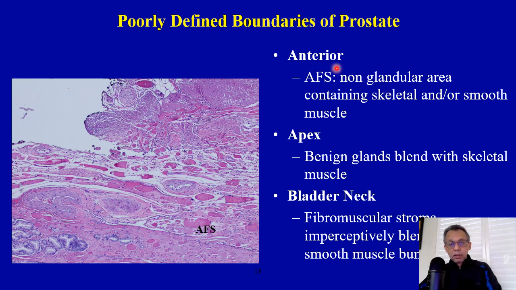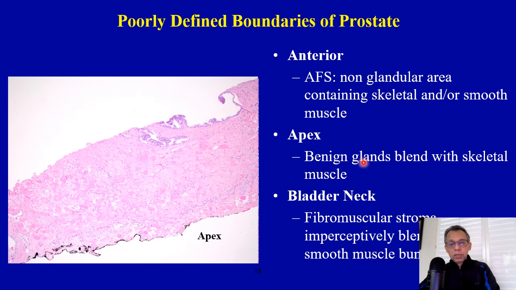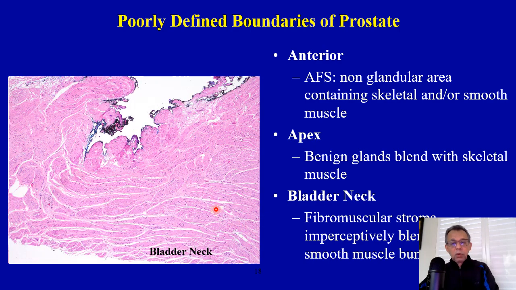In the anterior, as we said, there is an anterior fibromuscular stroma, which is a non-glandular area containing skeletal and/or smooth muscle. In the apex, again, you see benign glands like this, which clearly blend with the skeletal muscle without clearly having a fibrous plane. In the bladder neck, again, you are going to see fibromuscular stroma imperceptibly blending with more thick detrusor type of bundle-like muscle fibers.